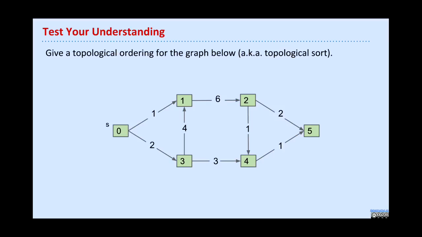And again, you do not have to do the post order thing. You can just use your eyeballs if you want. In fact, it's easier not to use the algorithm we just described.